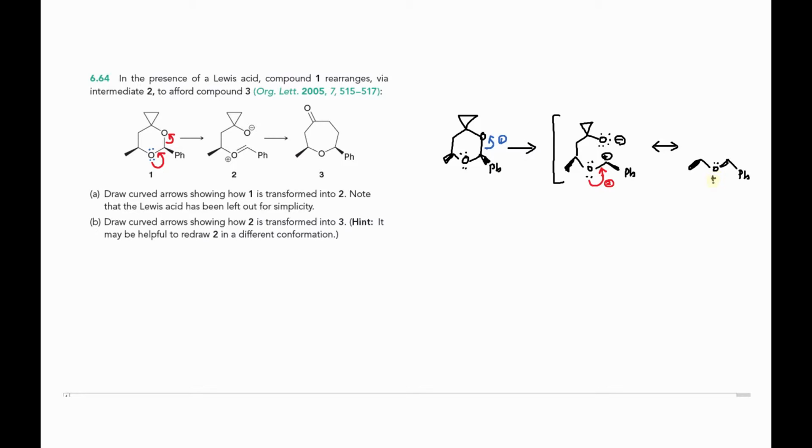And now we become plus on this oxygen for the formal charge. Okay, notice that that's the same as compound 2. So if this is compound 2, this is also compound 2.